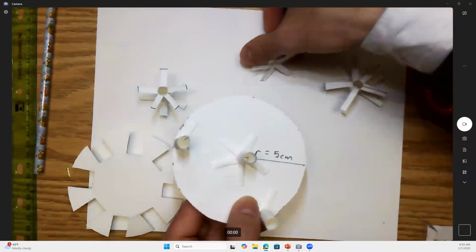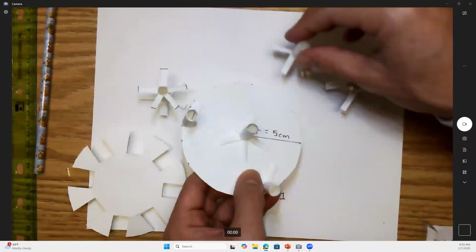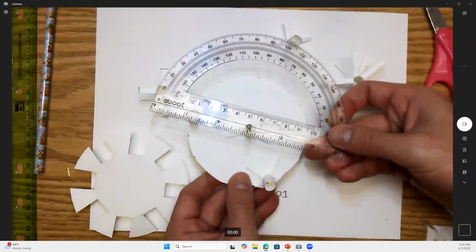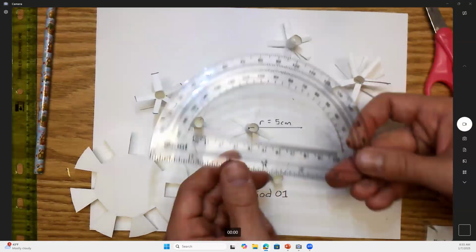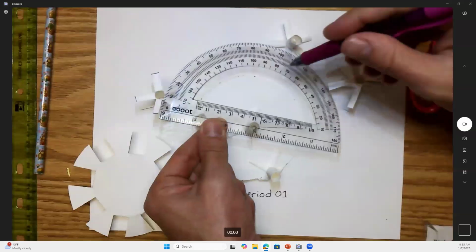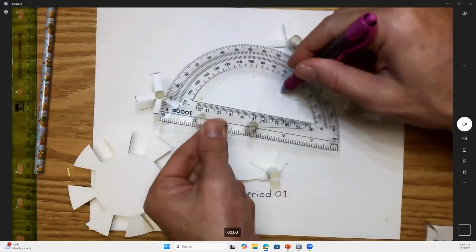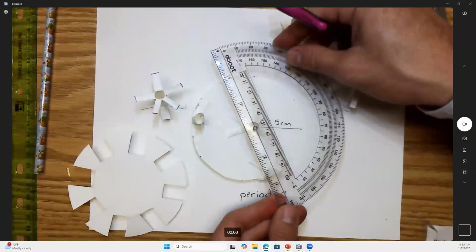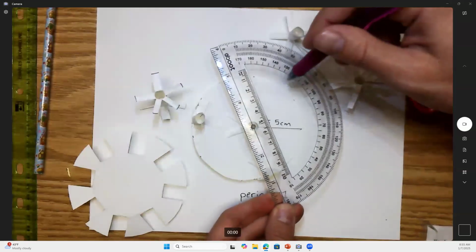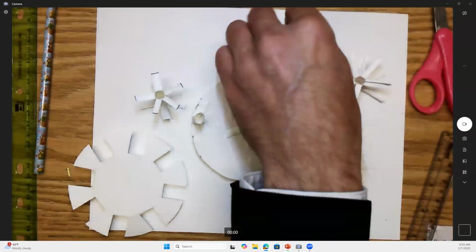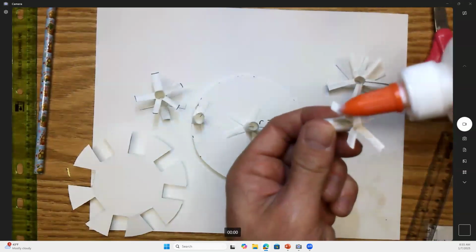And then this last peg, same story. You need 120 degrees from that. I'll mark this. 220 looks like right about there, I think. Does that work? 120 from the other one? Yeah, that looks like the same spot. That's where I want to put the last peg.